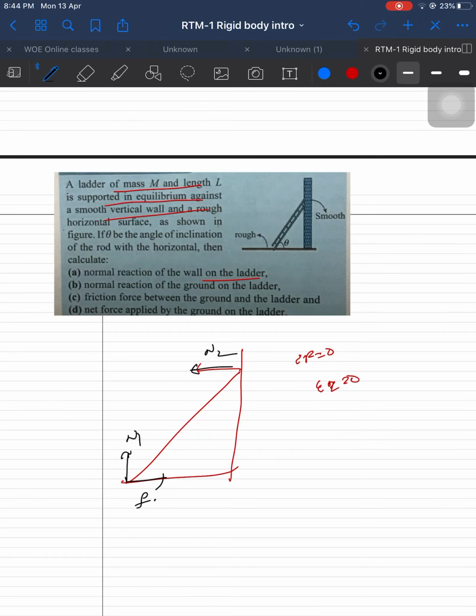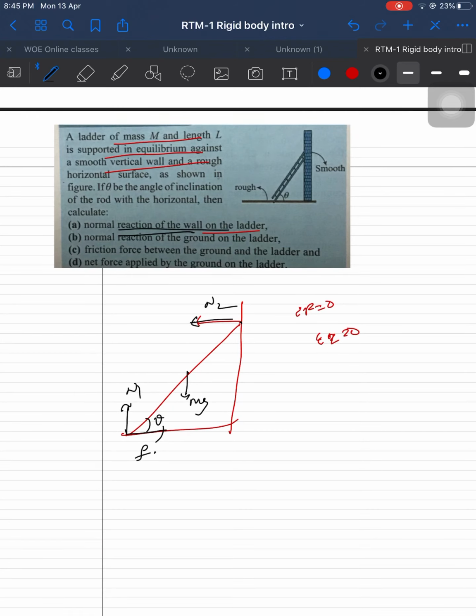The angle of inclination is theta, and the mass is given as m. mg will act in the downward direction. This is equilibrium against a smooth wall, so the friction there is 0, and we need the normal reaction of the wall on the ladder.